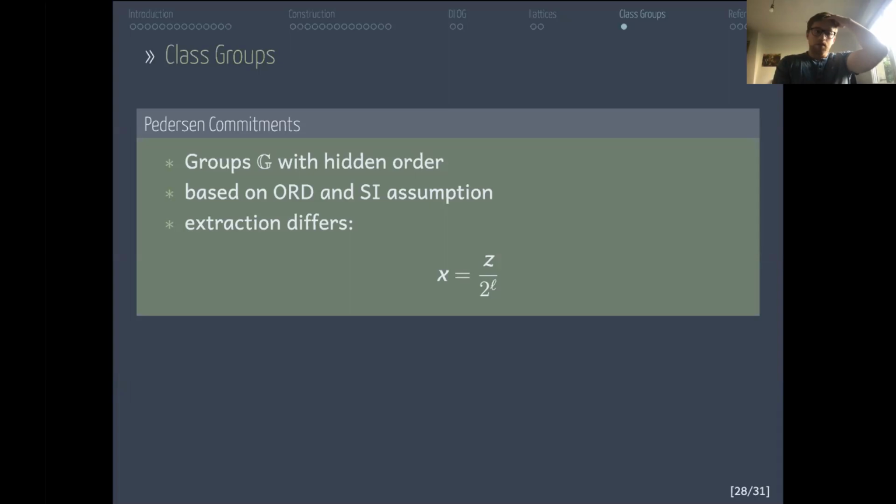So this is only the case if we have non-trusted setup. If we don't rely on trusted setup, then essentially in class groups we can compute square roots over group elements. So in the exponent, this leads to dividing by 2.